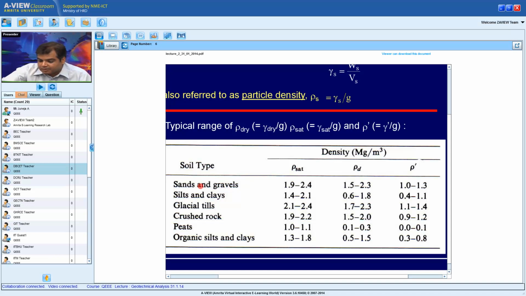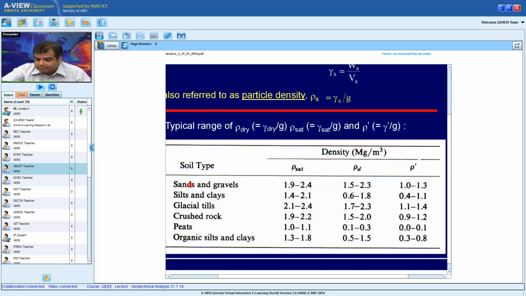Before that, I would like you to look at some typical values for how the various soil constituents have a value of saturated density, the dry density and the buoyant density. I'd just like you to concentrate on the first column. The other columns can be simply derived from the first column, having known the water content.